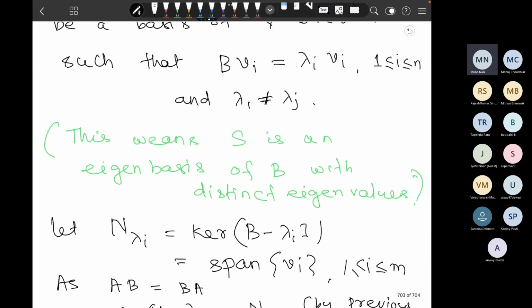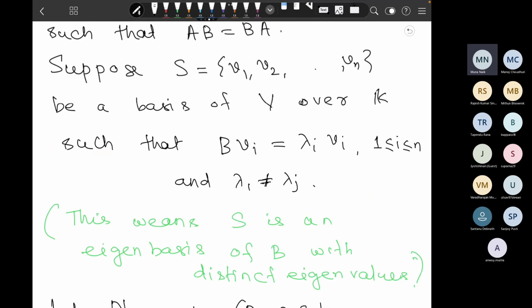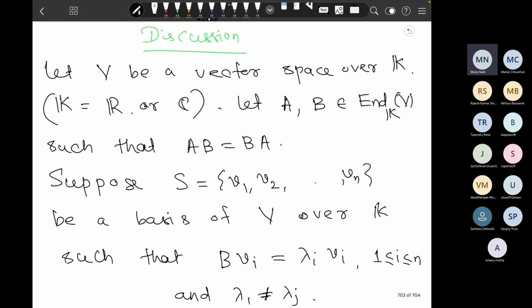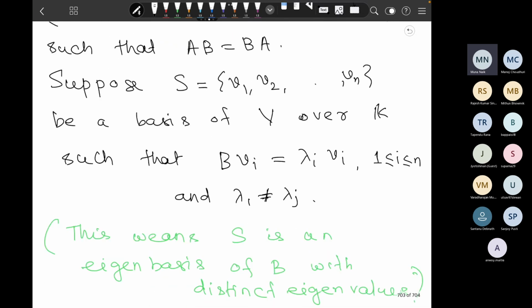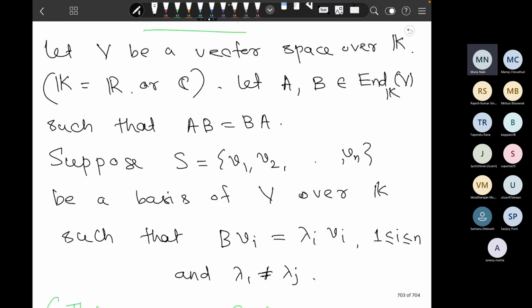But B has distinct eigenvalues, I am assuming. So let me repeat this once more. I am taking V as a vector space over K, where K is either R or C. Let A, B be two linear operators on V so that AB is equal to BA.